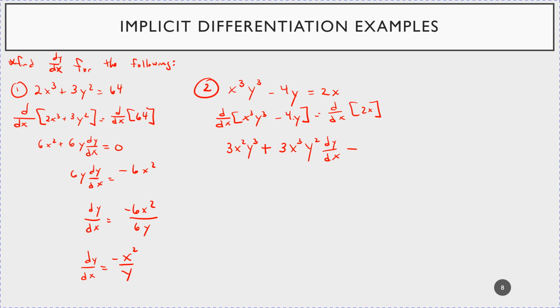Well, if this was an x, the derivative would just be 4. So it's minus 4, but I differentiated y, so dy/dx is equal to the derivative with respect to x of 2x, which is just 2. So look, I've got 2 terms with the dy/dx. So I'm going to take this 3x squared y cubed and subtract it over.